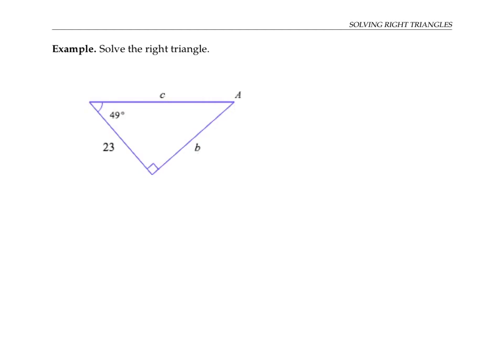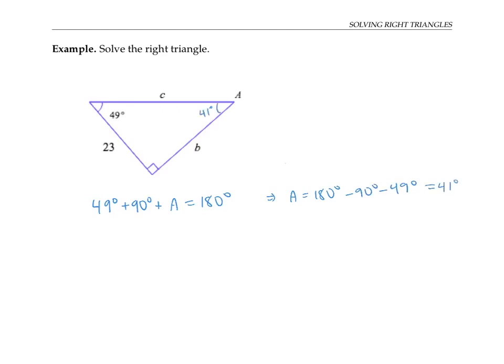To find the measure of angle A, let's use the fact that the measures of the three angles of a triangle add up to 180 degrees. That means that 49 degrees plus 90 degrees plus A is equal to 180 degrees. So A is equal to 180 degrees minus 90 degrees minus 49 degrees, which works out to 41 degrees.